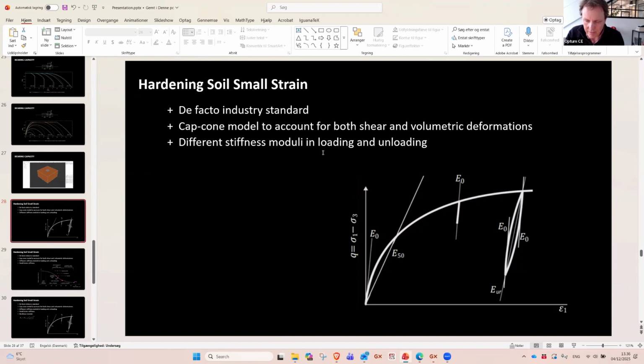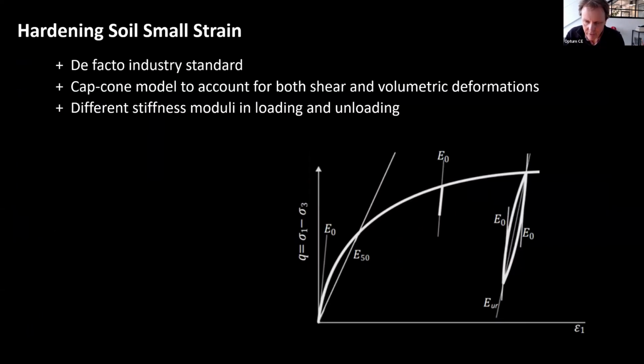So the main thing is that you have different stiffnesses in loading and unloading. In Mohr-Coulomb, you have only a single stiffness, as Mohr-Coulomb is linear elastic, perfectly plastic.